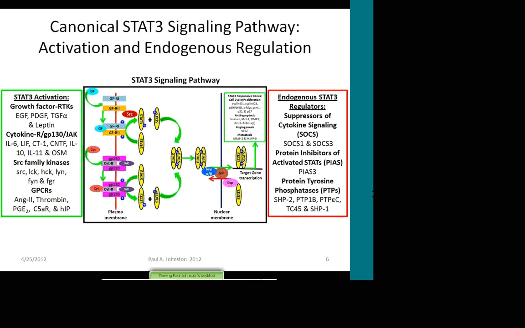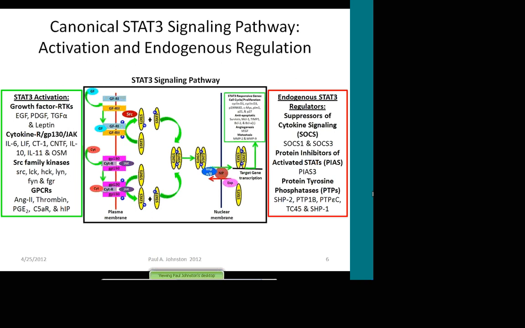Okay, so this is just a cartoon showing the canonical STAT3 signaling pathway, both activation and endogenous regulation. There's a whole range of growth factor receptor tyrosine kinases, cytokine receptors, Src family kinases, and GPCRs that have been implicated in the activation of STAT3.